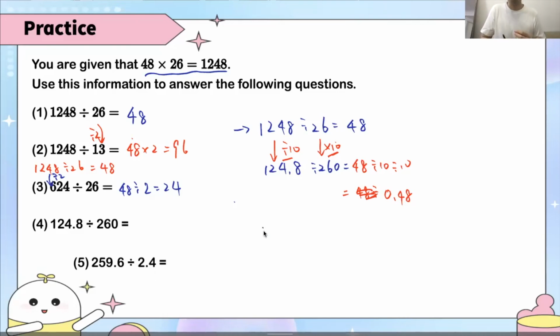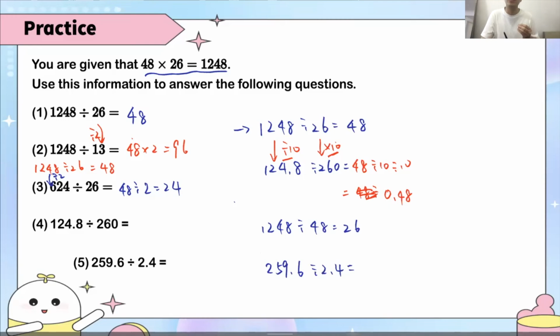Okay, 1248 divided by 48, that is 26. And we can have this division from the original equations. Okay, so that is how we change to have 259.6 divided by 2.4.